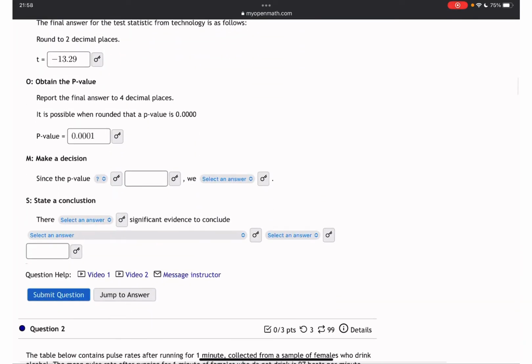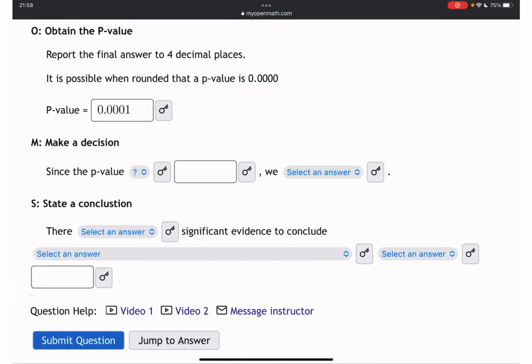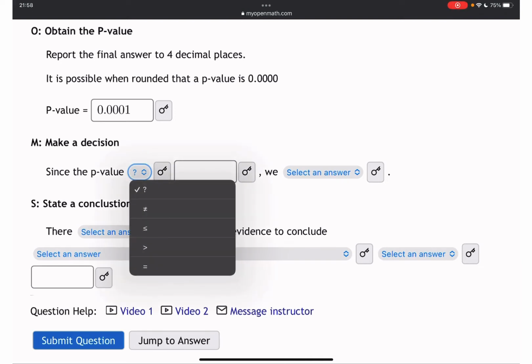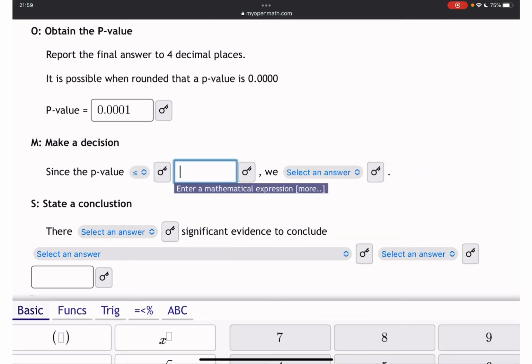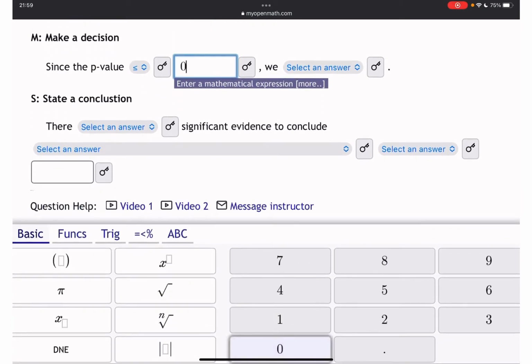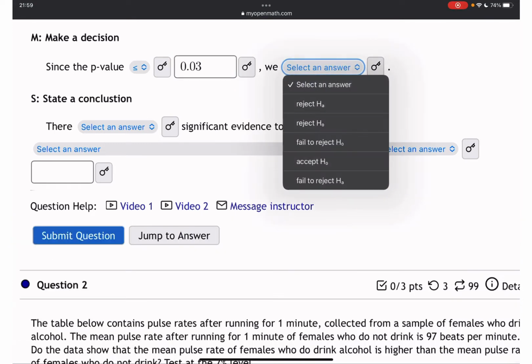Okay, let's write down. So our p-value is going to be less than or equal to 3%, right? Which is 0.03. Every time our p-value is less than the testing percentage, as a rule, we reject the null hypothesis.